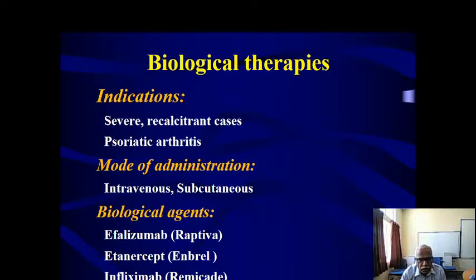Among biologics, the old biologicals we were giving, with pre-filled syringes available, are efalizumab, etanercept, infliximab. So they are the old drugs. Now we actually give secukinumab, that is the latest drug. Specifically, it blocks IL-17.